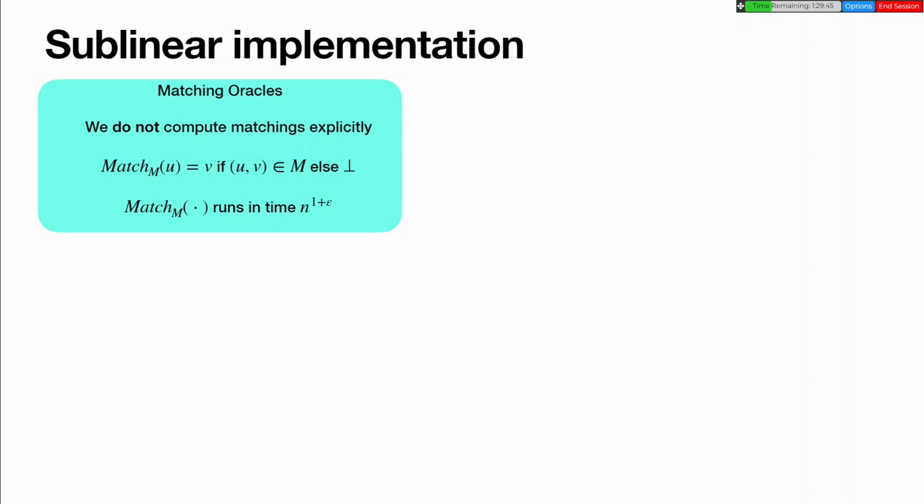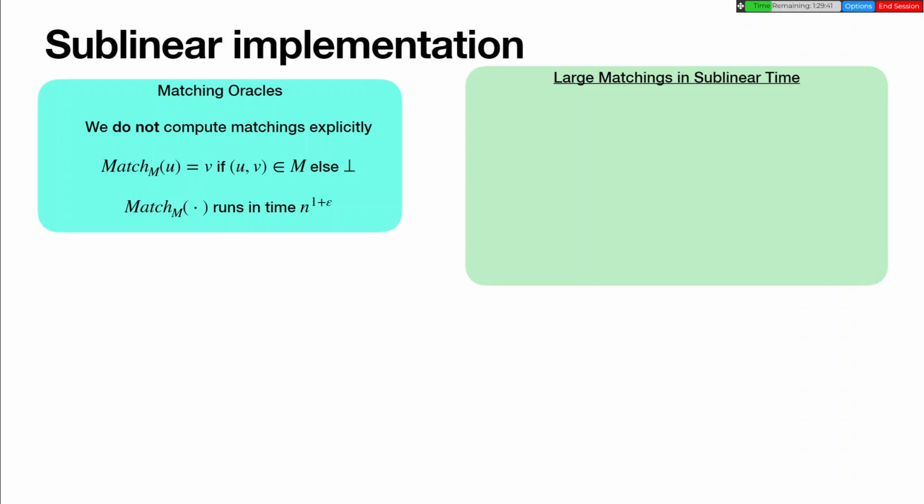And this data structure is fairly fast in that it runs in time n to the 1 plus epsilon. Now, once we have such a data structure, it's very easy to compute the cost of the matching. You just sample edges from this data structure.